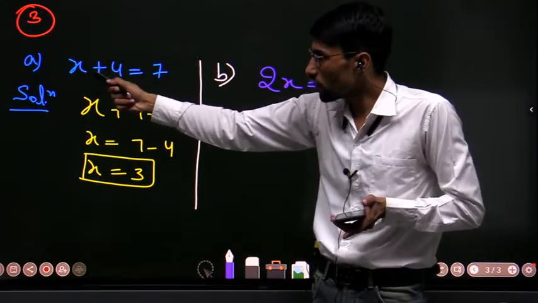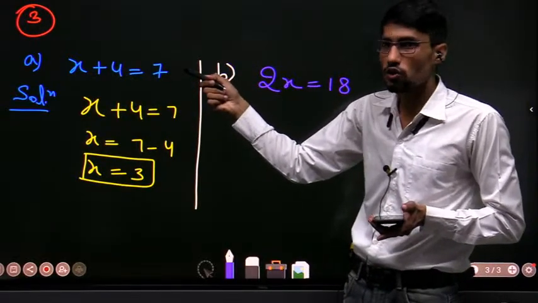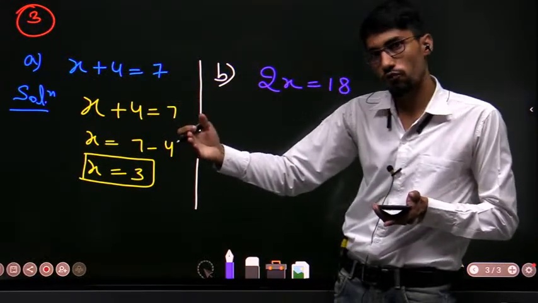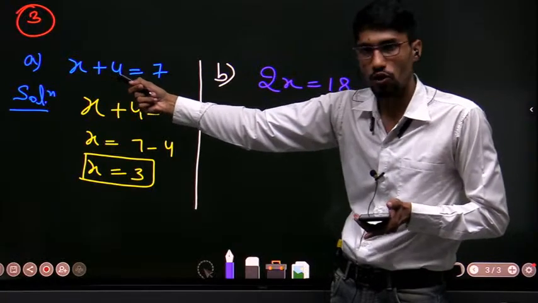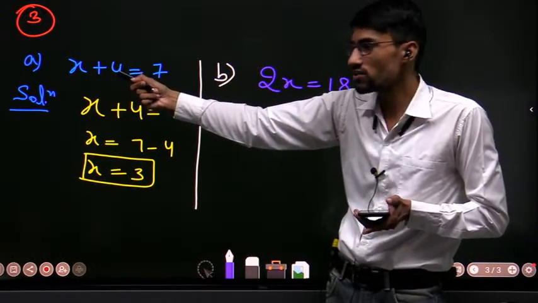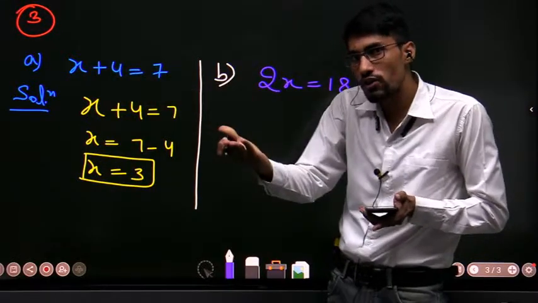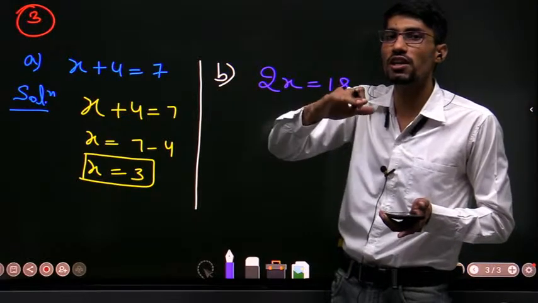See what we have to do. x plus 4 equals 7 is our question. We have to send this 4 to the right hand side. On the left hand side, this 4 has a plus sign. When we change the side, plus is converted into minus.